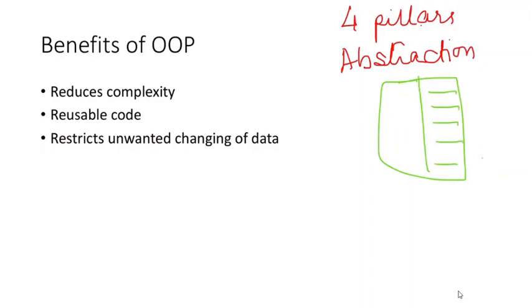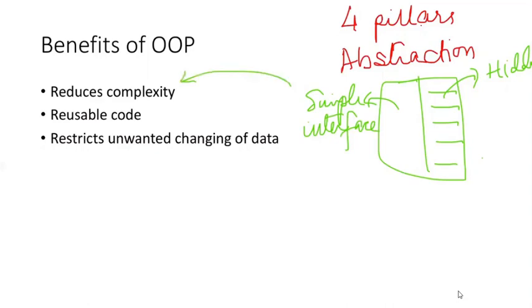The complexity is hidden, and a very simple interface is provided to the users. As a result, the complexity is greatly reduced. So abstraction helps in reducing the complexity.